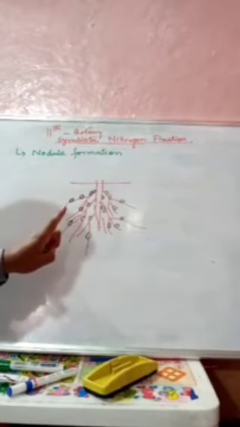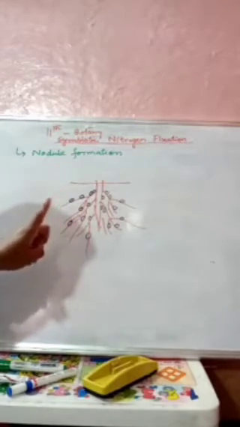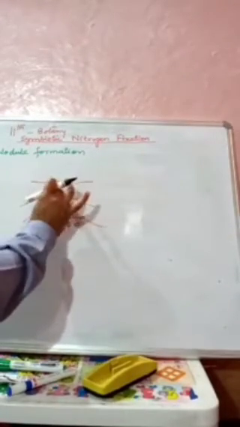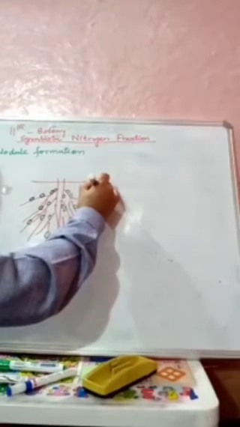Now what happens there is that the rhizobium, the bacteria, makes its way into the root.